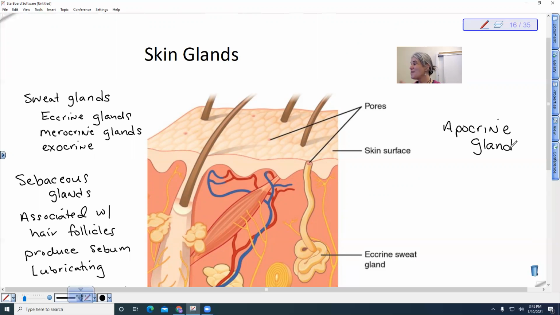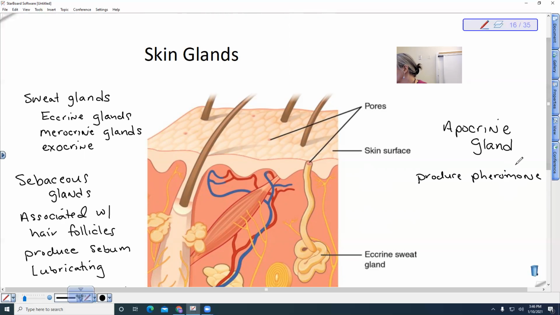It is kind of a combination between an eccrine and a holocrine in terms of its mechanisms of secretion. But one of the things that they think that the apocrine glands do is that these produce pheromones.